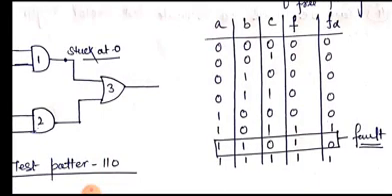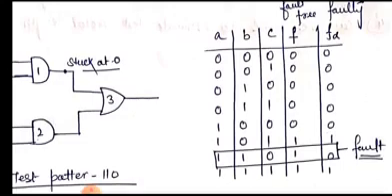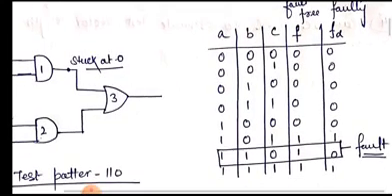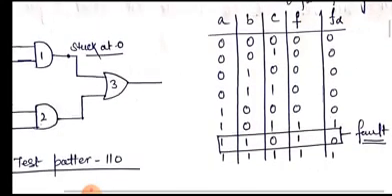So we created ABC as the input, F as the fault-free output, and F alpha indicating the faulty output. We will check in which locations F and F alpha are different.